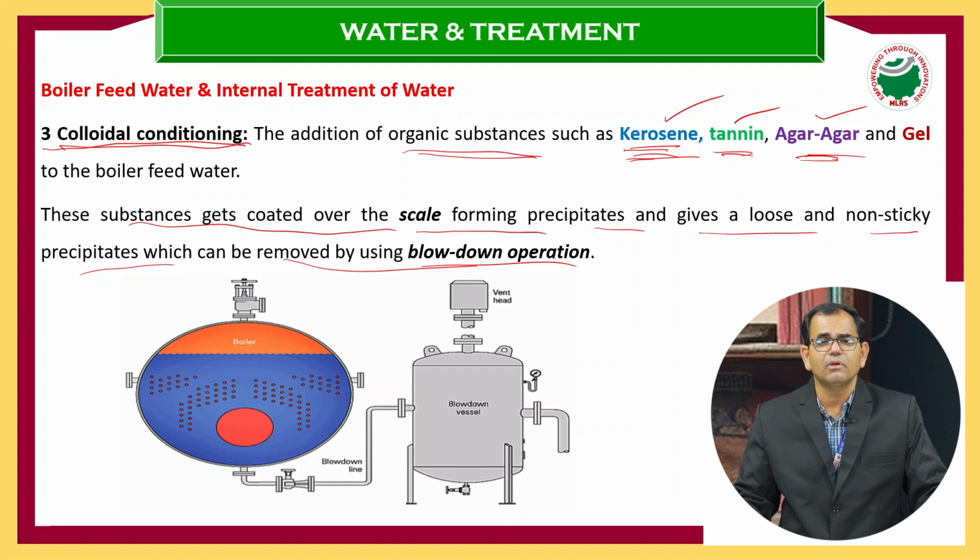So steam with huge pressure will be developed, and whatever sludge and scale boiler troubles are there on the inner wall of the boiler, high pressure steam will be sent, and with that high pressure, whatever precipitate or scale and sludge are there will be wiped out. This is basically the simple blowdown process.